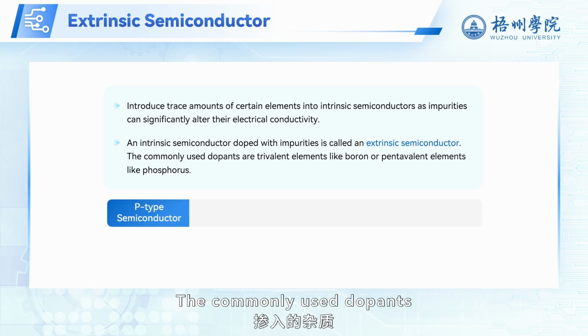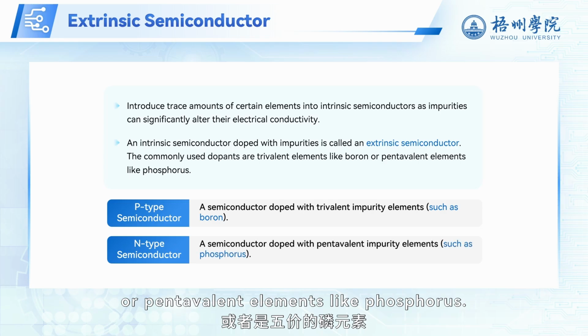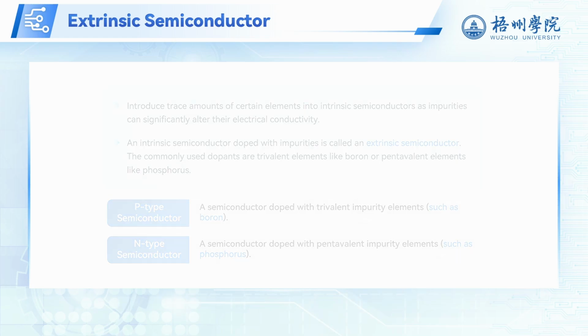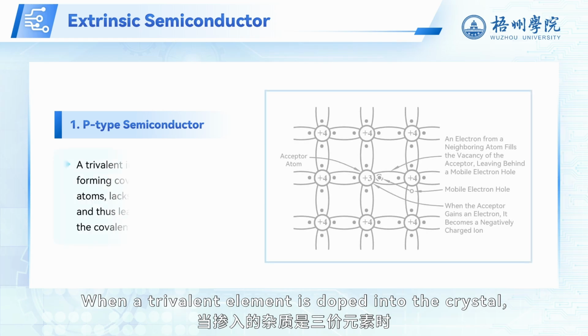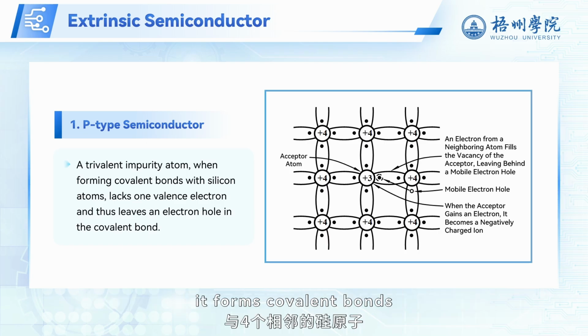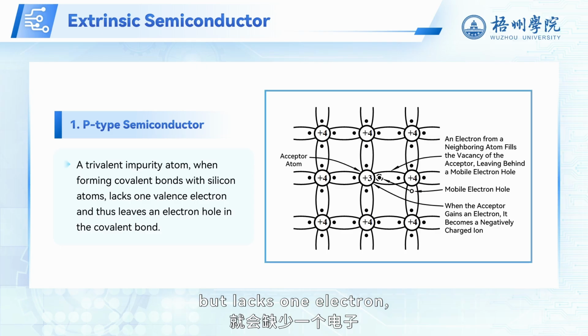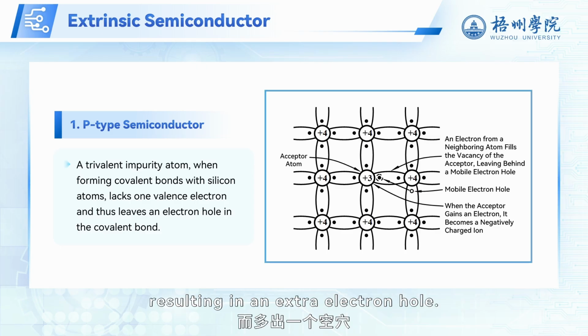The commonly used dopants are trivalent elements like boron or pentavalent elements like phosphorus. When a trivalent element is doped into the crystal, since the atom has only 3 valence electrons, it forms covalent bonds with 4 neighboring silicon atoms but lacks 1 electron, resulting in an extra electron hole.